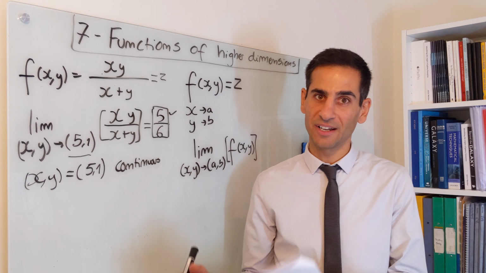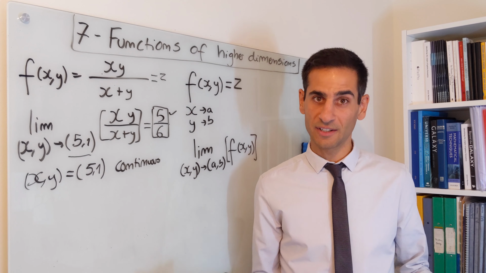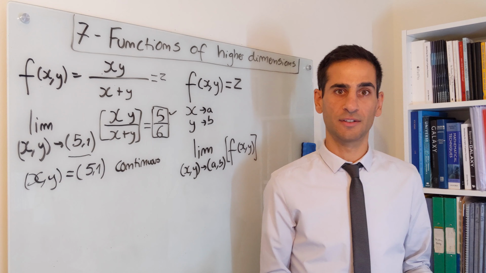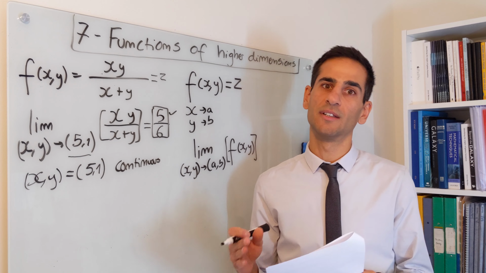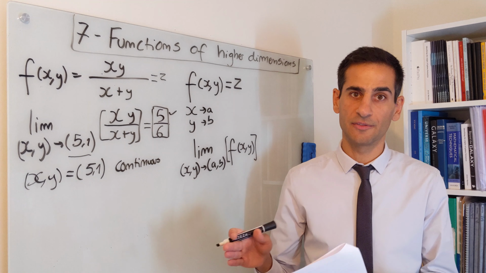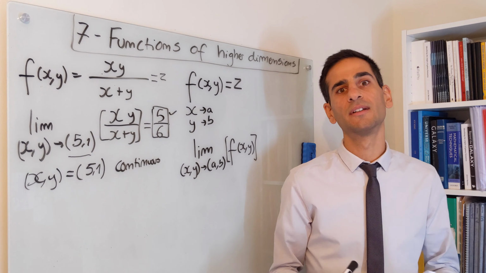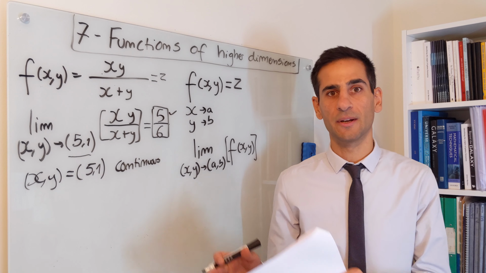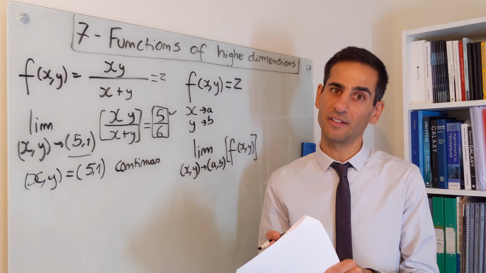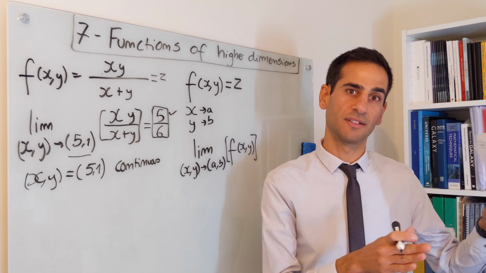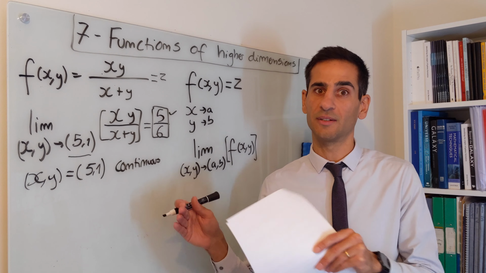But what we'll see next is that it's much easier to show that a limit does not exist than to show that it does. To show that a limit doesn't exist, all you have to do is take a limit along different paths and show that you get different values. This is the equivalent of showing for a function of one variable that if you take the limit for values lower than that value, you get something, and if you take the limit for values higher than that, you get something else.